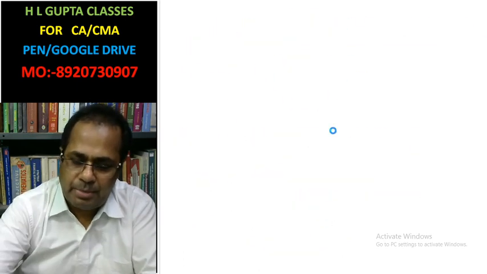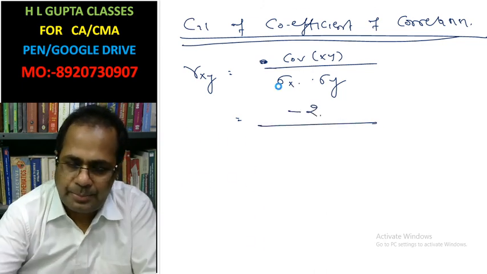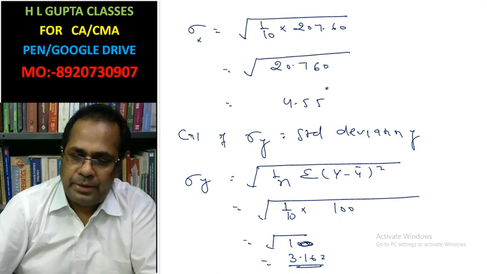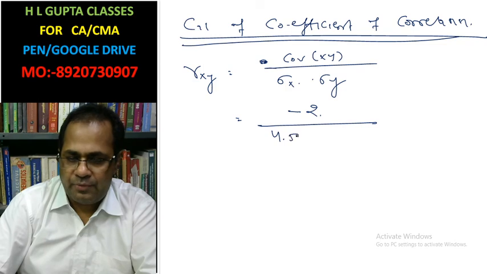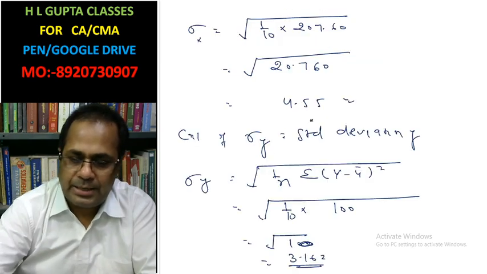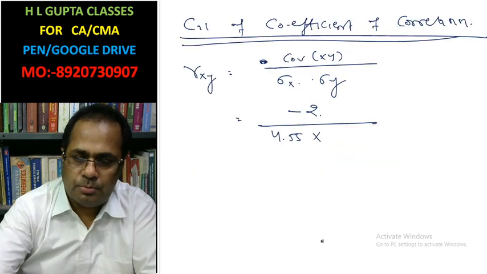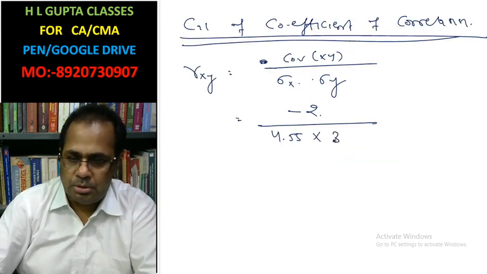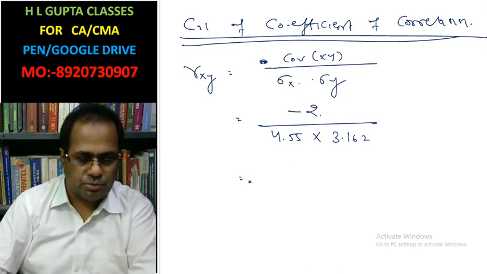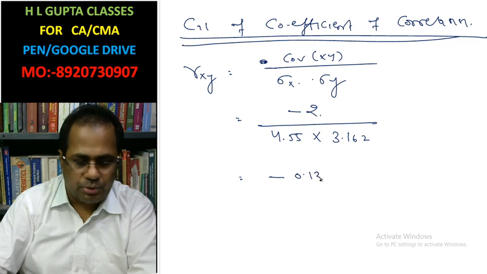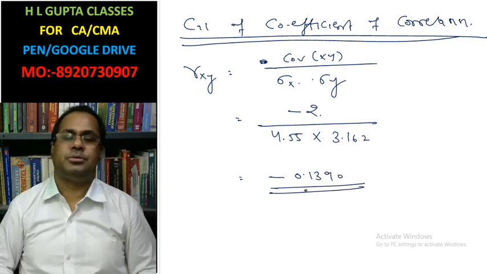Write it here: minus 2. Standard deviation of x is 4.55 into standard deviation of y, 3.162. So minus 2 divided by 4.55 into 3.162 gives minus 0.1390. This is the coefficient of correlation.